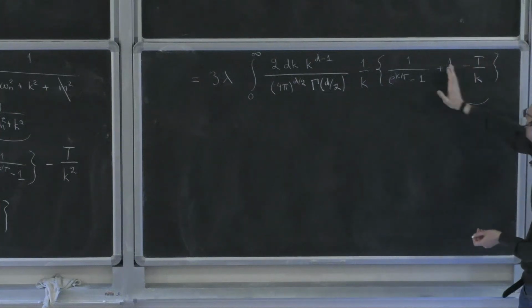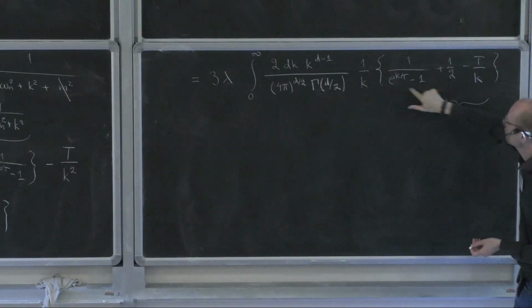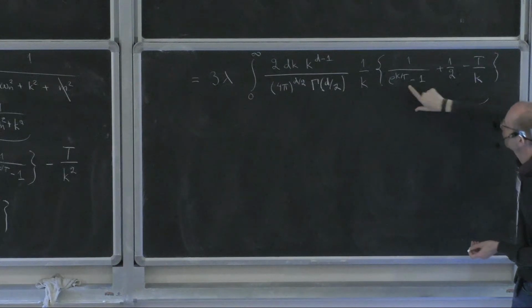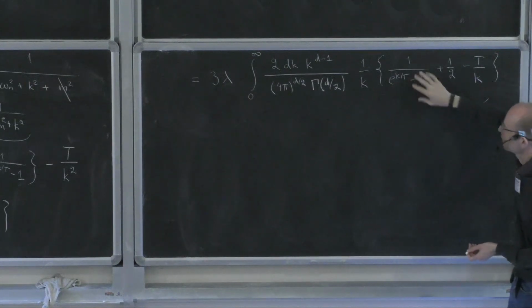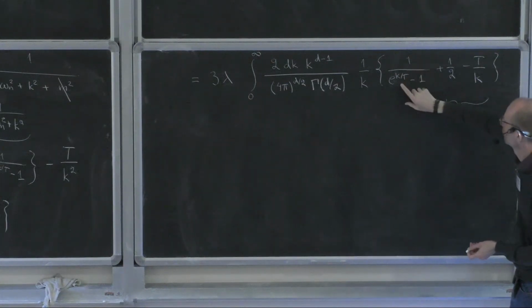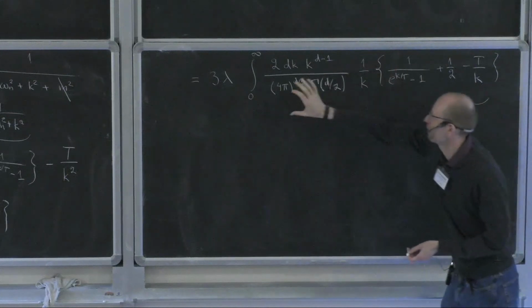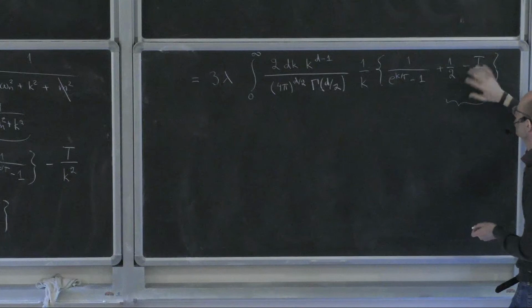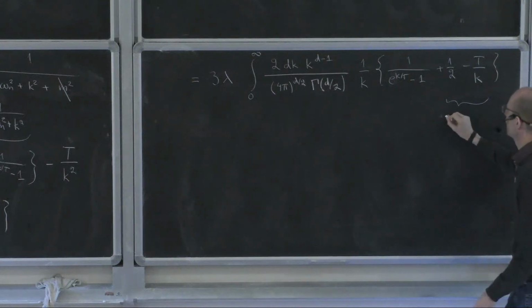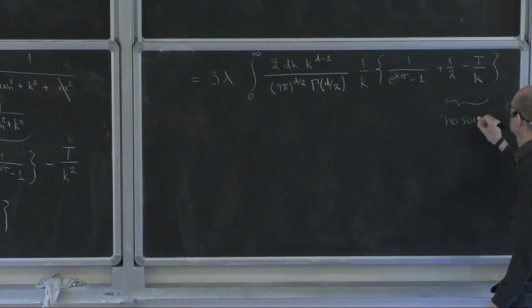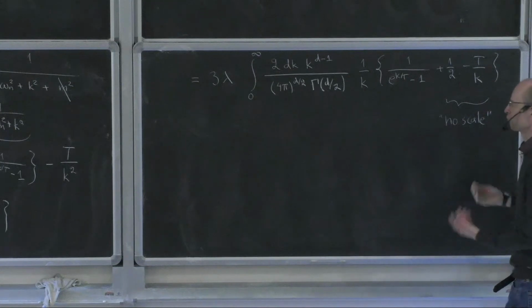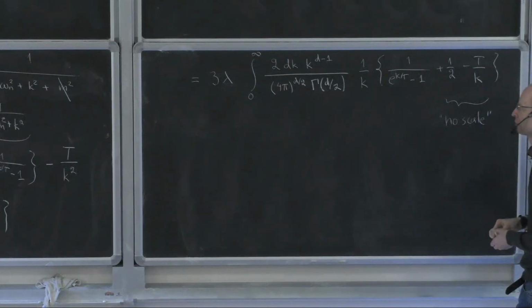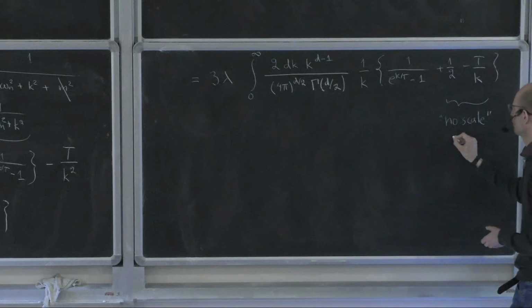Any power doesn't have any scale. This one has a scale because there's a number 1 here, so you cannot pull anything apart if you rescale k, because it's inside the exponential. But here you could, there's no scale. And if there's no scale, then in dimensional regularization one can prove that the integral is 0.